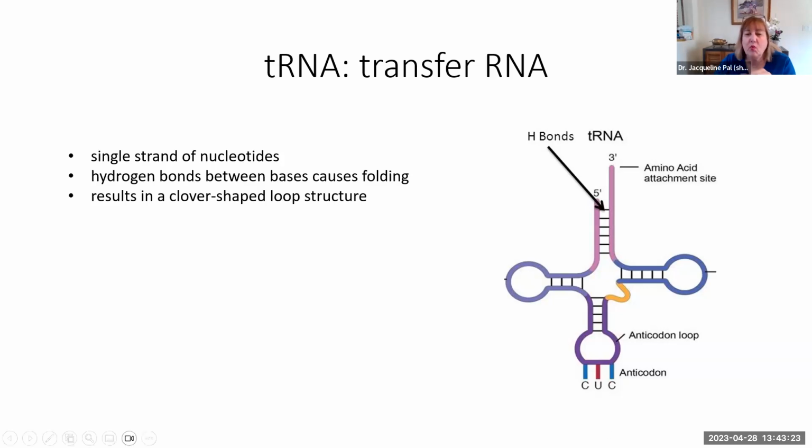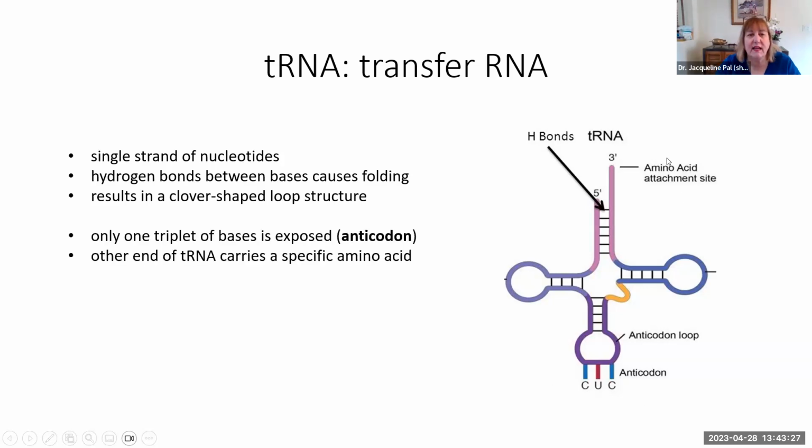And so this is one binding site, but there is a second binding site at the other end, and this is where the amino acid will be attached. Now remember, the amino acid is coded for by the messenger RNA's codon, not the transfer RNA's anticodon.